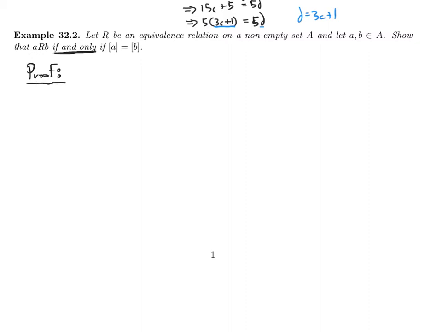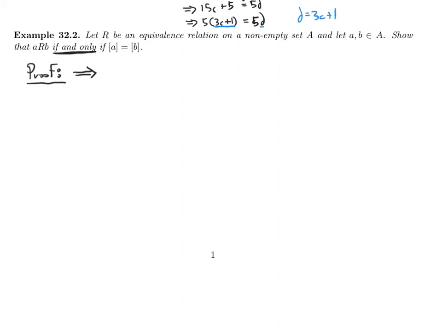Let's do the forward direction first. So we are going to assume that A is related to B, and we're going to show that the equivalence classes are the same. And remember, R is an equivalence relation. We have that to work with. R is an equivalence relation, and A, B are elements in the set that the equivalence relation is defined over.